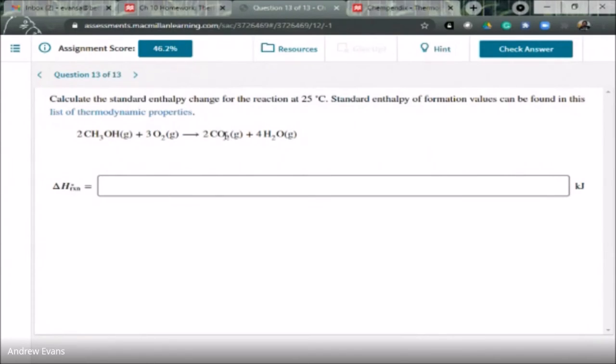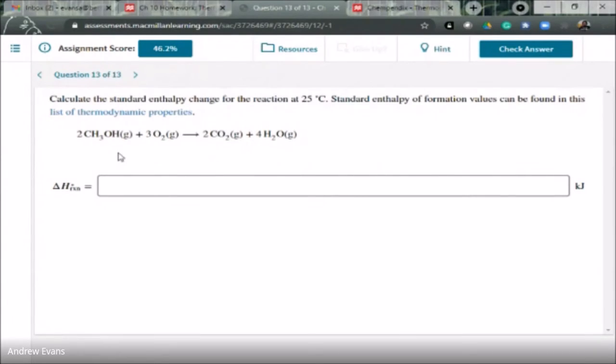You would take our numbers for CO2 and our numbers for water: 2 CO2s, 4 molecules of water, and 2 molecules of methanol. Products minus reactants will give you the delta H for this reaction. The exact same math. But that is the last problem of this assignment.